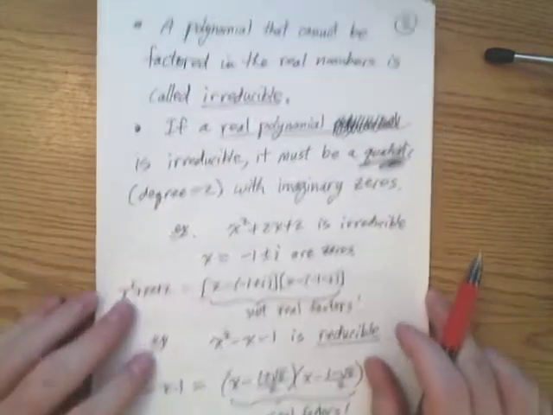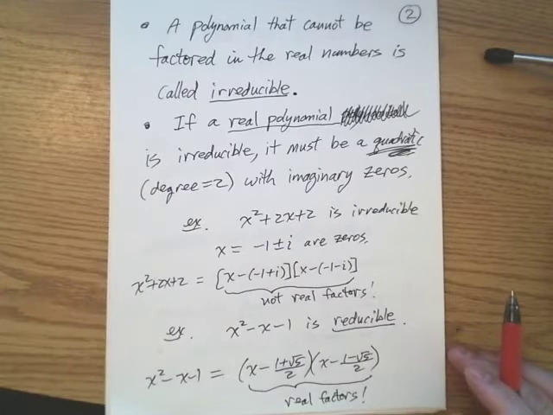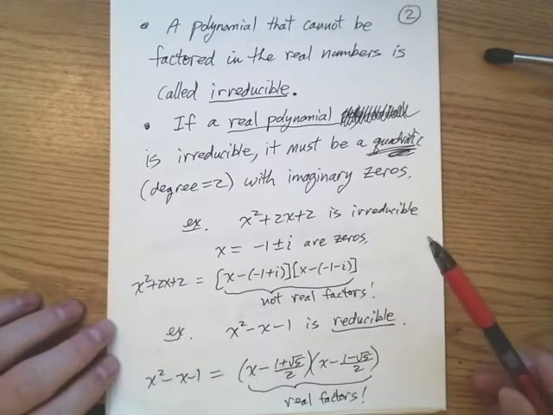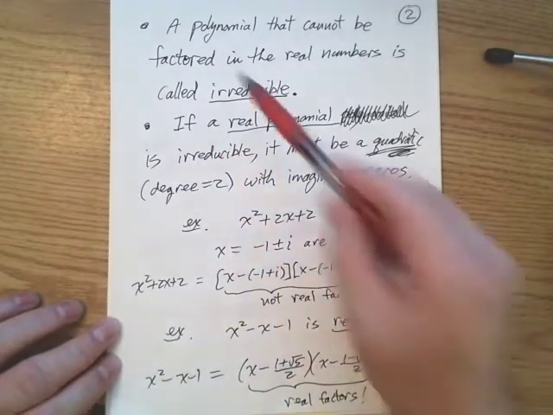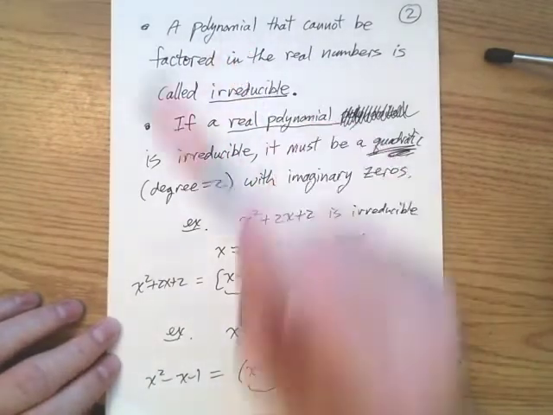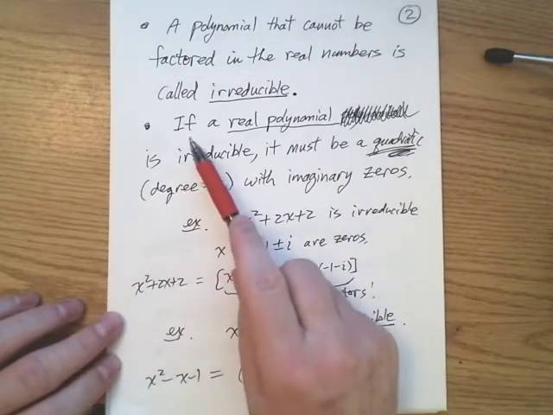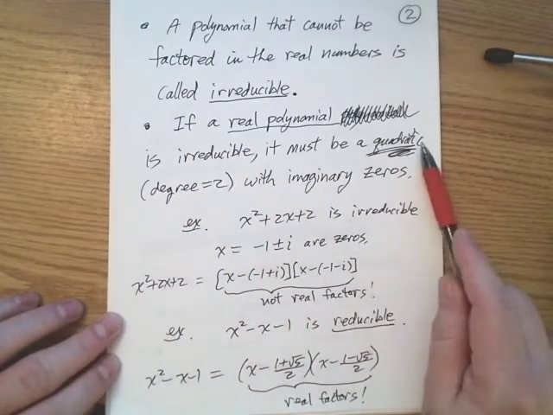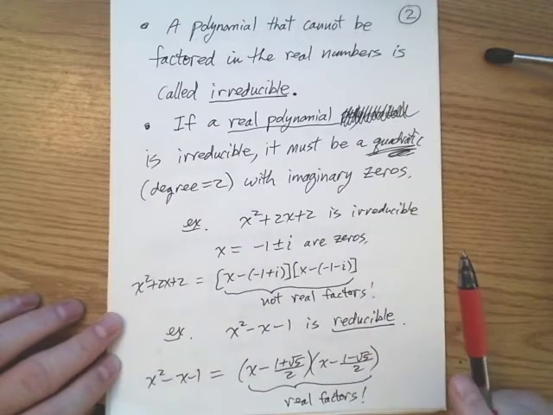Now, a couple of quick definitions before we go on. Some further simplifying assumptions I'm going to make here. A polynomial that cannot be factored in the real numbers is called irreducible. We would only speak of this if we were talking about a real polynomial anyway. In the second part, if a real polynomial is irreducible, then it must be quadratic, that is, have degree 2 with imaginary zeros.